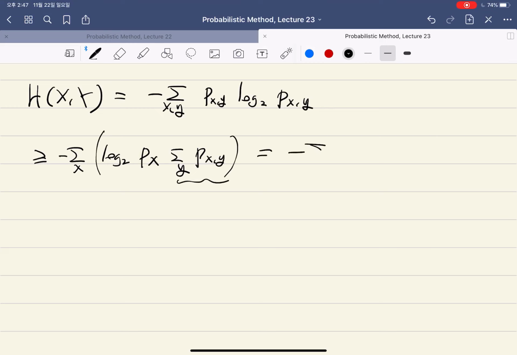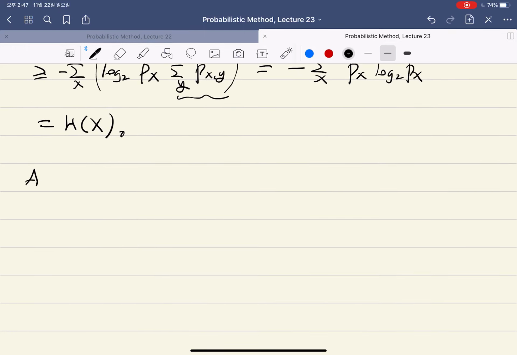This is nothing but px, which is the entropy of x. So this shows that our definition of entropy works as we wish, in our intuition of treating it as an information.